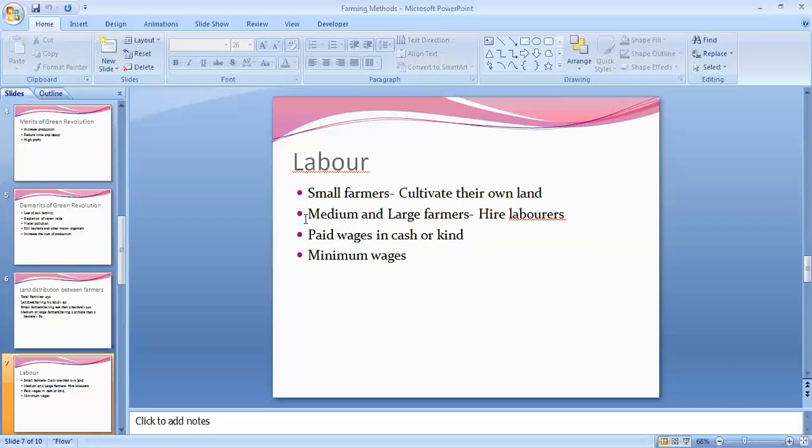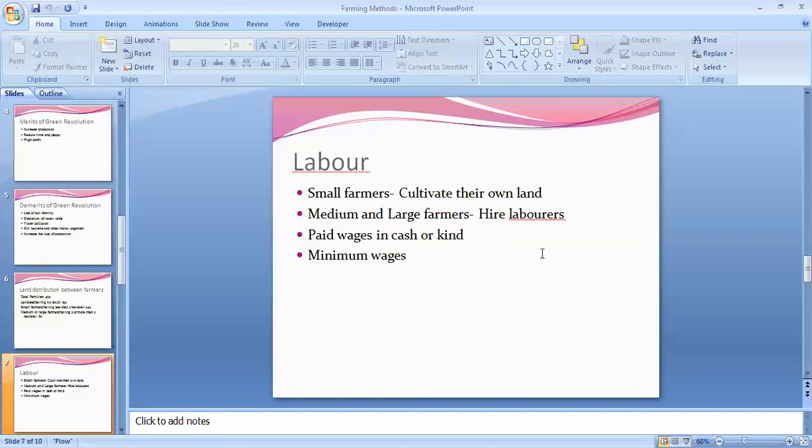And the arrangement of labor by the medium and large farmers is, medium and large farmers hire farm laborers to work on their fields. It means that those people who are medium and large farmers hire laborers to work on their fields.